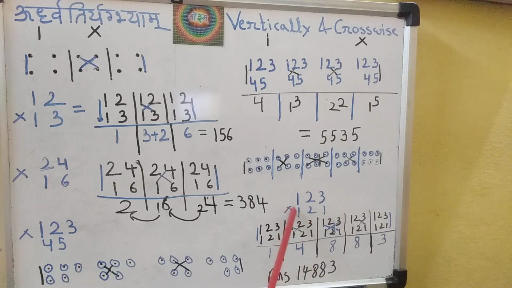So 1 plus 3 plus 4 is 8. Then we multiply crosswise the right 2 digits, 2 into 1 plus 2 into 3, that is 2 plus 6 is 8. And in the last step we multiply the unit place digits vertically. 3 into 1 is 3. On combining all these 5 steps, the answer is 14883.